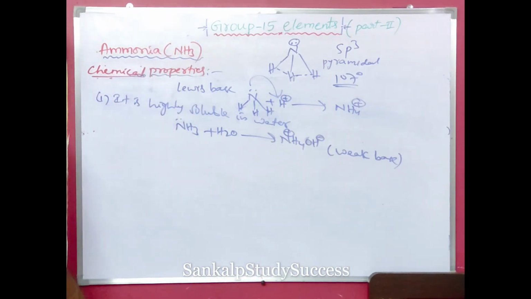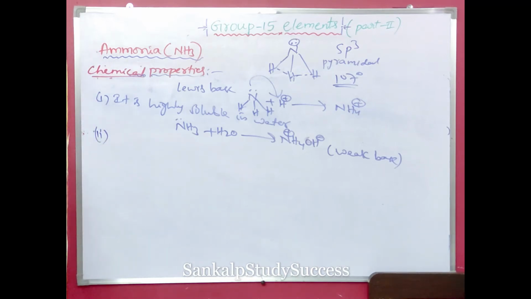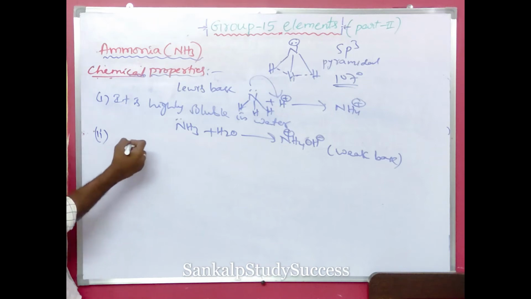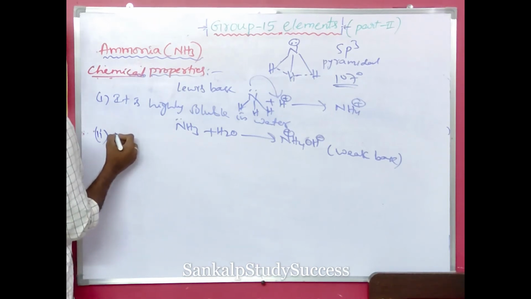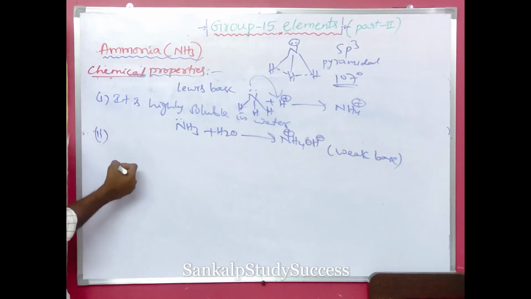Next, ammonia can be treated with some salts, like FeCl3.